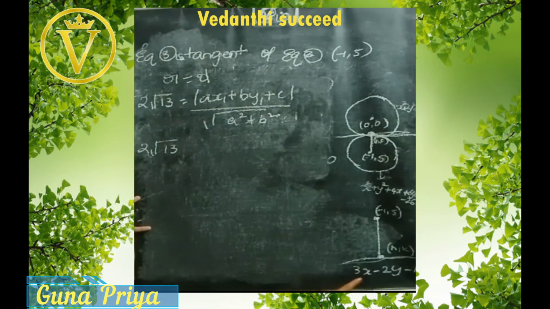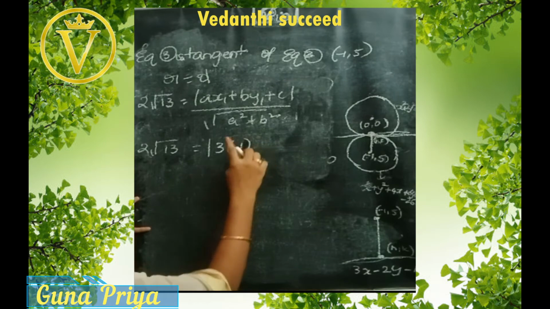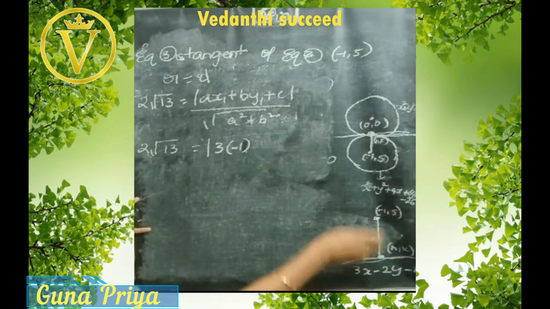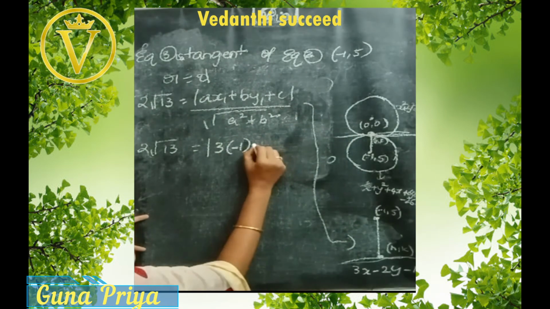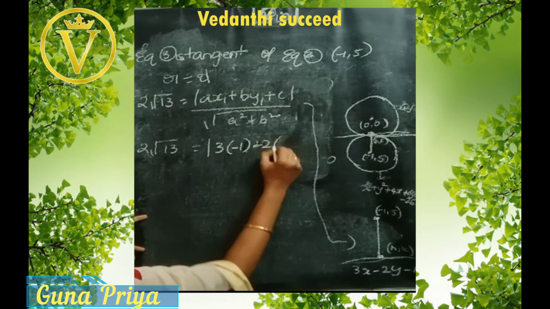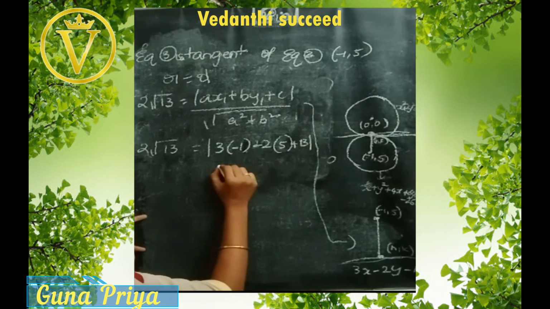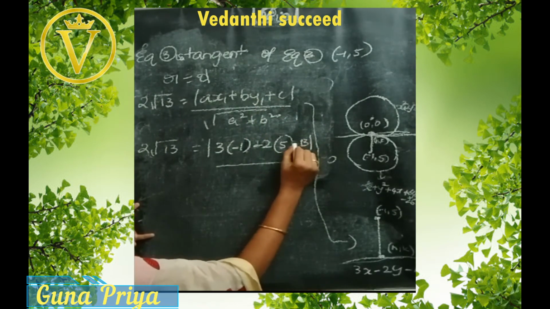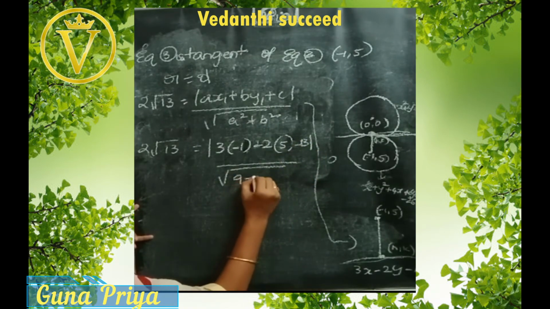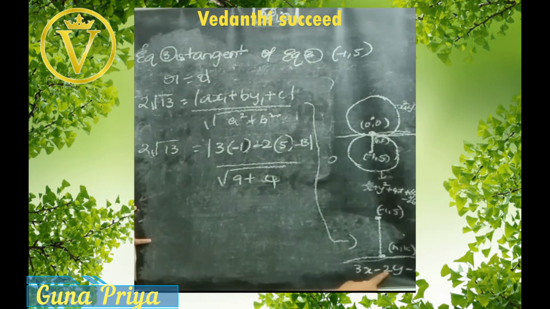From the equation of tangent, that is 3x minus 2y minus 13, we substitute this point: 3 into minus 1, minus 2 into 5, minus 13, by root of 9 plus 25, 3 threes are 9, 4.